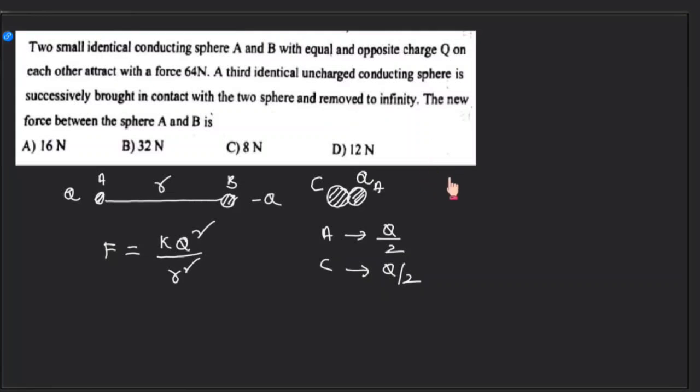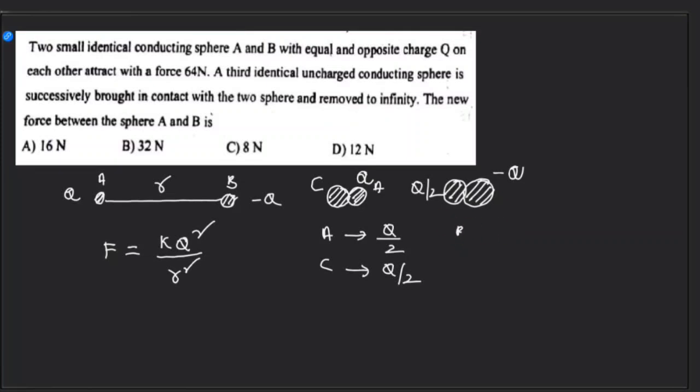Then we bring C in contact with B. Now when C is in contact with B, it has a charge of Q by 2 and B has a charge of minus Q. Therefore this total charge will be distributed equally between them.